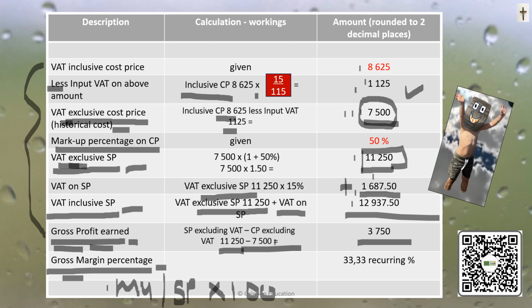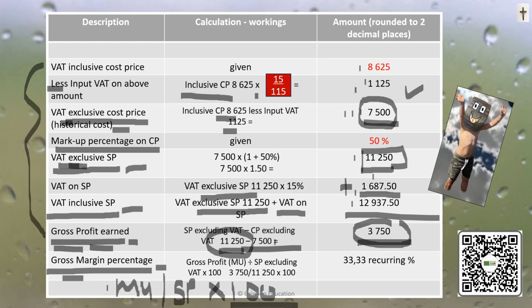So what was the markup? 3,750. What was the sales excluding VAT? 11,250. And if we want a percentage, we must multiply by 100.